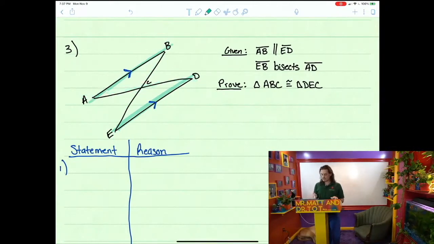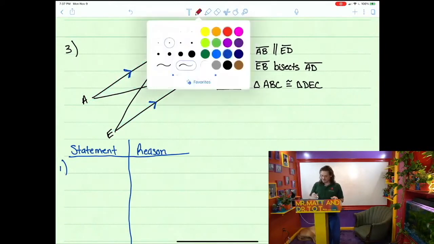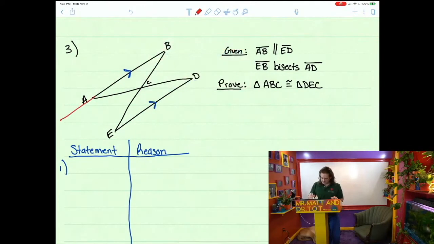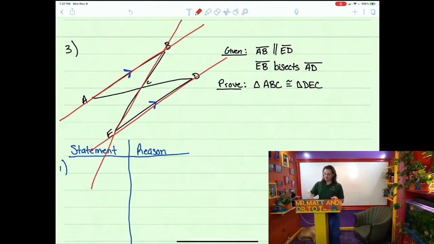But let me back this out and extend these lines. So if I have these two lines and then this transversal that goes through, this tells me that I have alternate interior angles here. So I can say that those two pairs of angles are corresponding to each other and must be congruent because there's a transversal intersecting parallel lines.